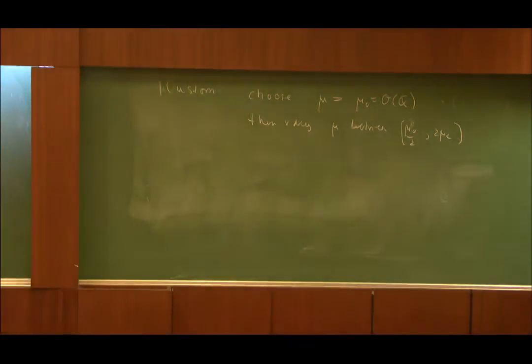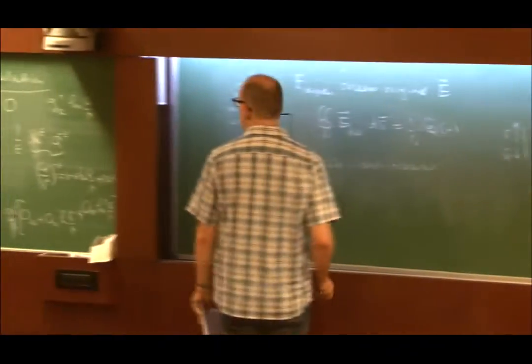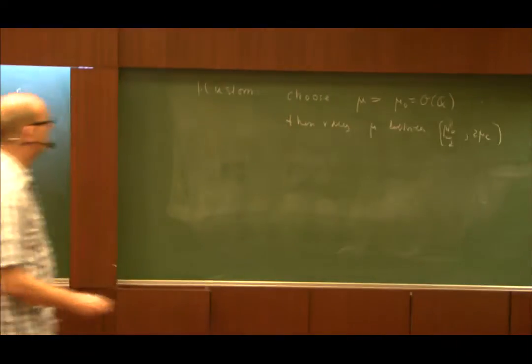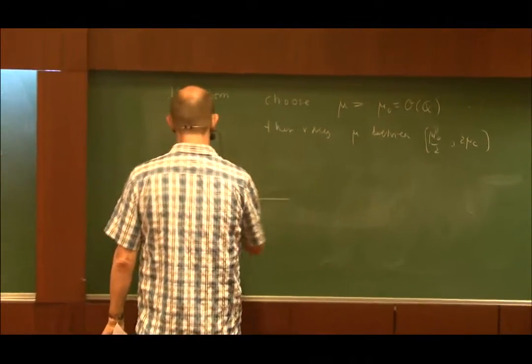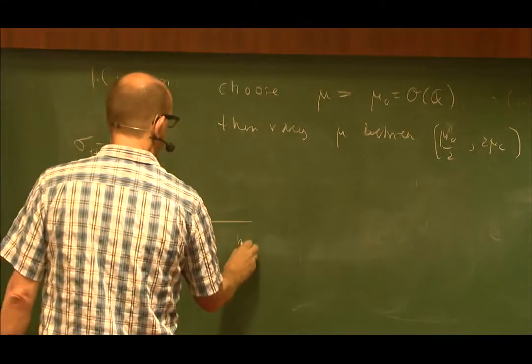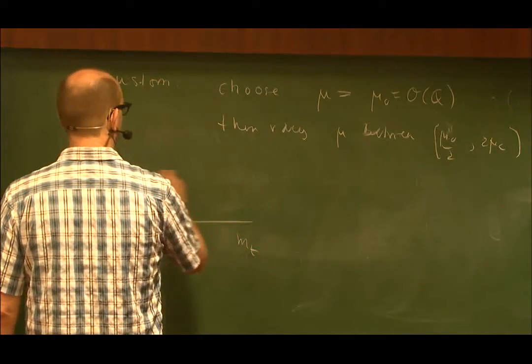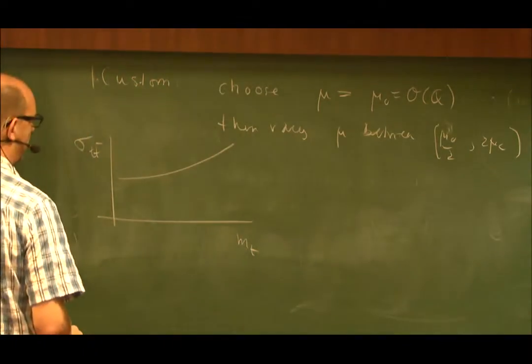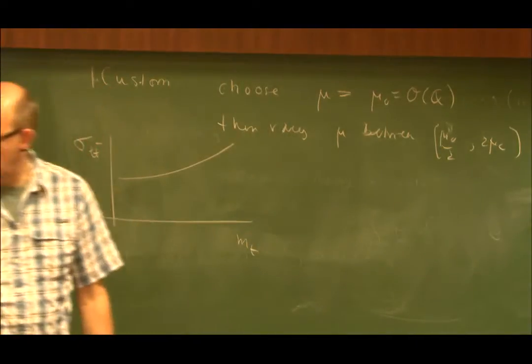What you then get, if you have a kind of prediction for, say, the top sigma tt bar as a function of the top mass, you get something like this. Sorry, it goes down.